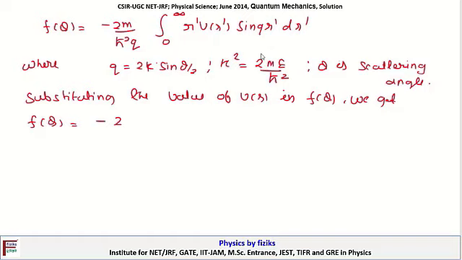So minus 2m beta by h square, and in the question again it is b, which is defined as 2k sin theta by 2, so in the denominator this term would be replaced by b.